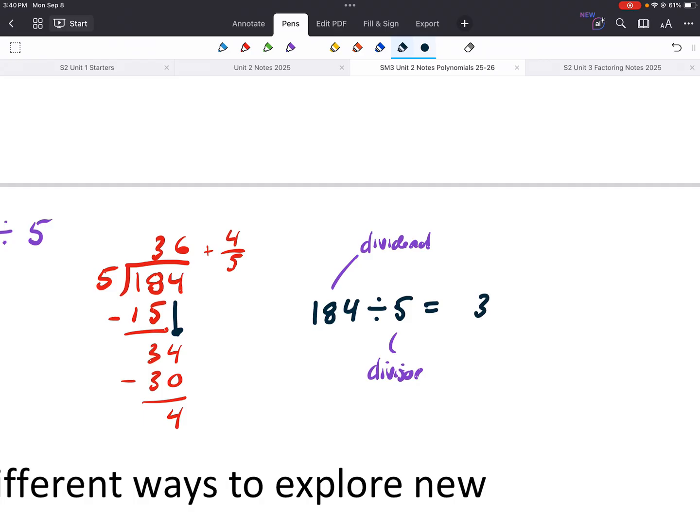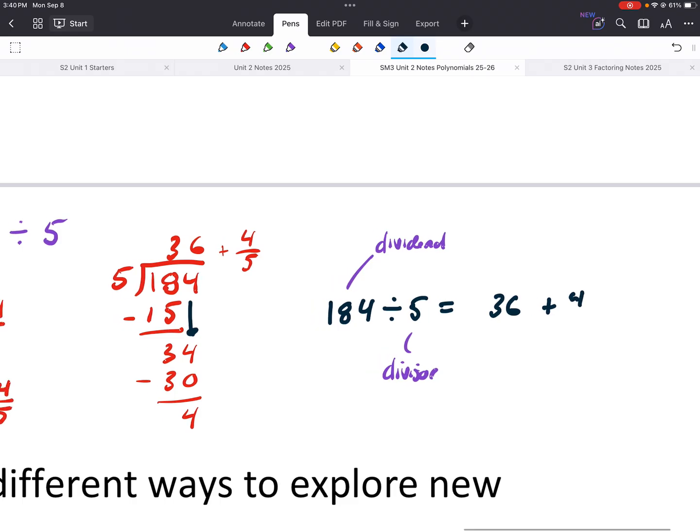We would say, we already wrote this down, 36 plus 4/5. This is called your quotient. This is your remainder. And this is your divisor.